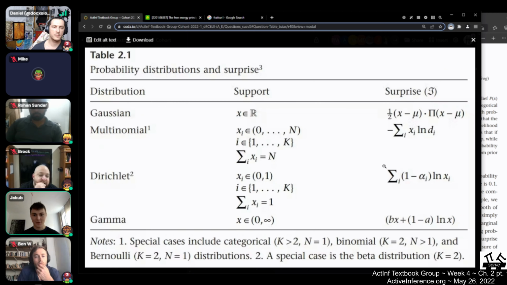And so for the Gaussian and the gamma distributions, it's always for one single element of the distribution, for one x. But for the multinomial and Dirichlet, they're summing over all of the possible probabilities, which makes it, I guess, an entropy function. But is there a difference?